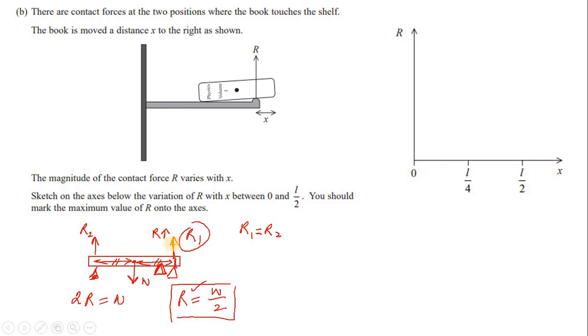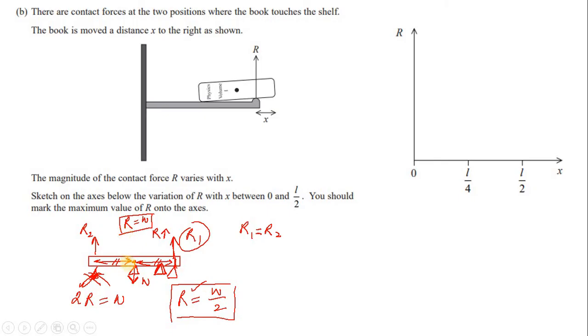And then if the pivot is exactly here, and you remove the other, it will be balanced, and at that moment the contact force R will be equal to W. So W will be the maximum reaction force that can act.